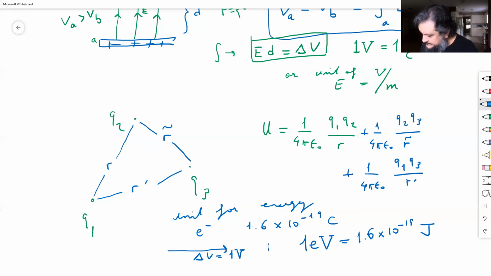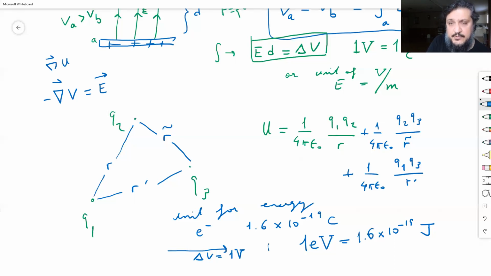And maybe I'm going to apply that gradient I showed you earlier, this equation, negative gradient of V is equal to, I think what I showed you was this, negative gradient of U will be equal to force. So if you just divide it by Q, you'll get that, right?